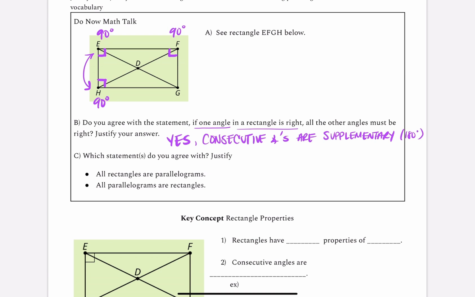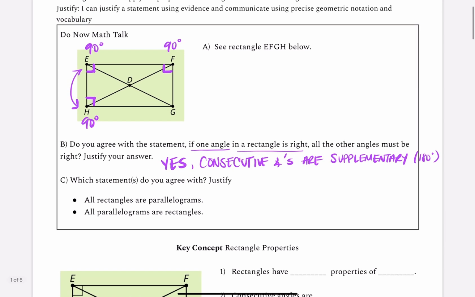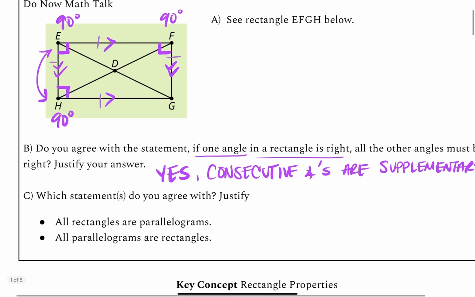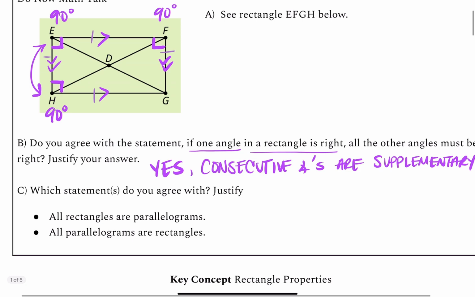Are all rectangles parallelograms? Yes, because both pairs of sides are parallel and congruent. And if we know that one pair of sides is parallel and congruent, it is a parallelogram. Any one of the properties from 4.02 needs to be true.